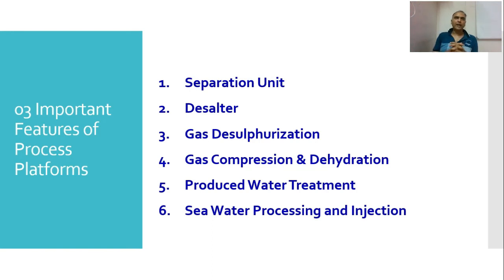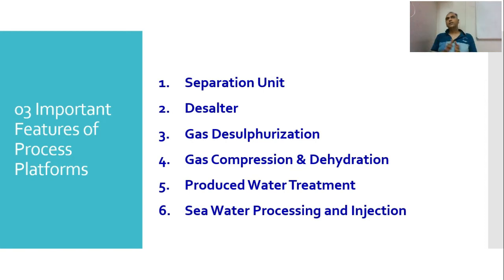So the primary purpose to make this gas sellable, I will put my statement this way: if I want to sell this gas, I have to remove the H2S. For that gas desulfurization is required.